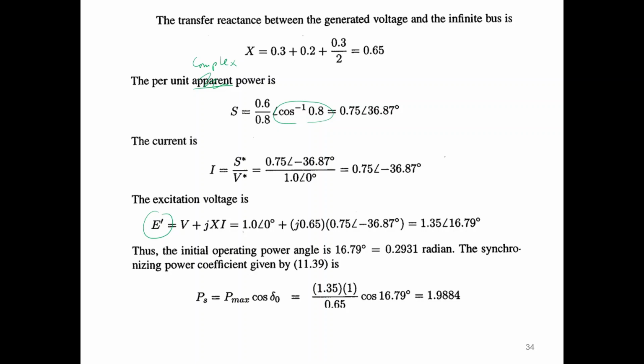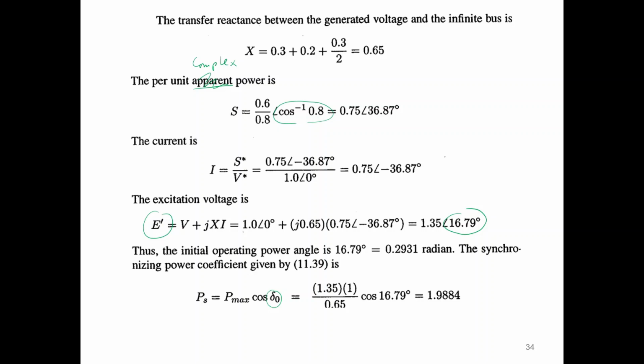So now that you know delta zero, you know the synchronizing torque, or the synchronizing coefficient. The synchronizing coefficient is P max times cosine delta zero. This is the initial angle. From the physical meaning, the synchronizing torque is the torque that the machine uses to synchronize itself, to keep the generator intact to the system.